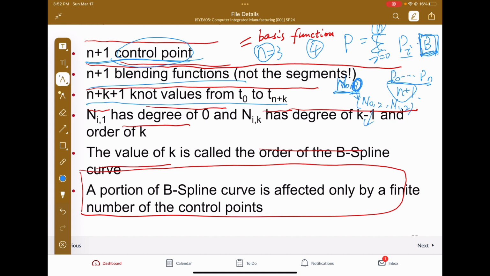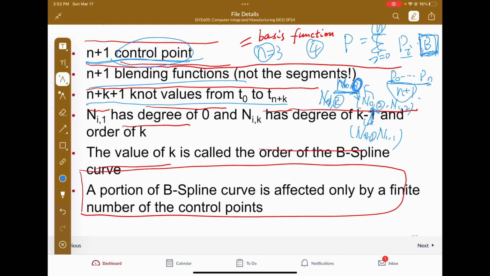Every N you need to make its lower orders of 0 to represent the order of 2, right? You need the order of 1 to calculate. You need 1 to calculate 2, you need 2 to calculate 3. So for N_i,k, for k orders, you need to use k minus 1, and repeat until the order of 1 to describe it.